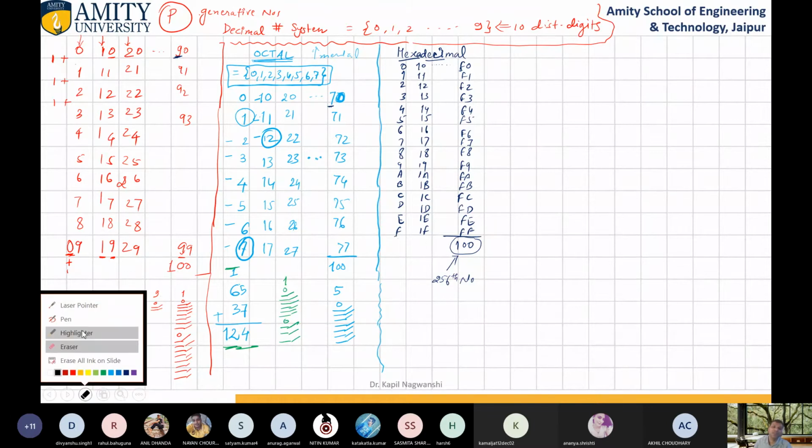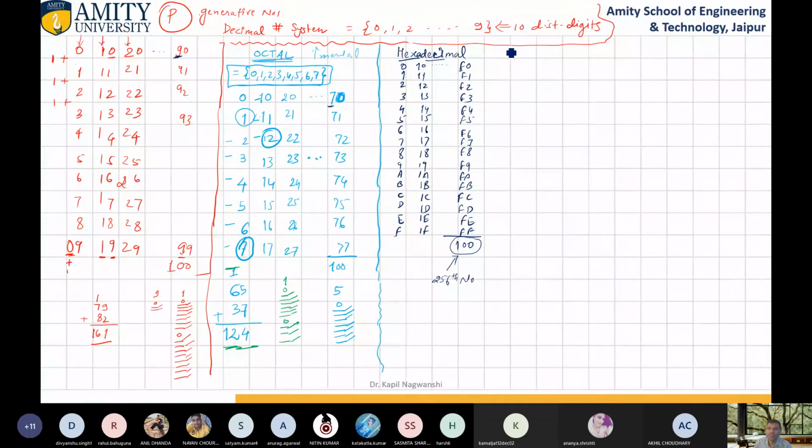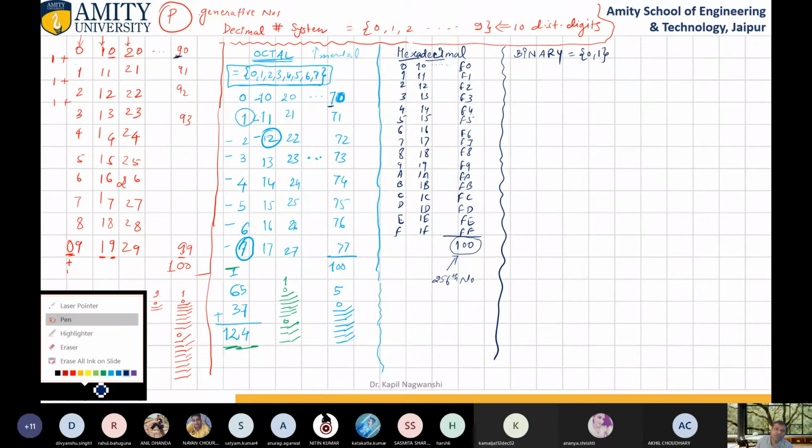Now let us see a number system that consists of only 2 digits. This is about hexadecimal; now come to the binary number system. Binary consists of 0 and 1. So how do we write counting in binary?